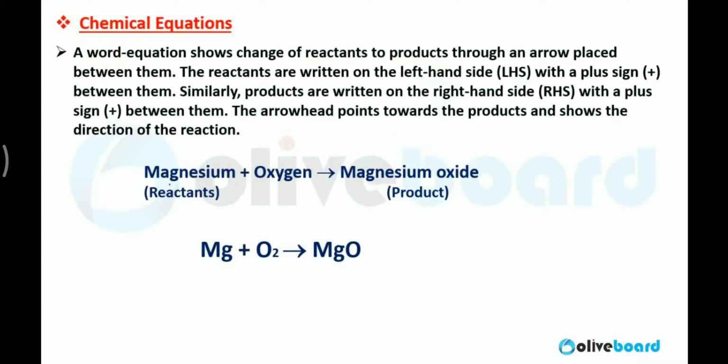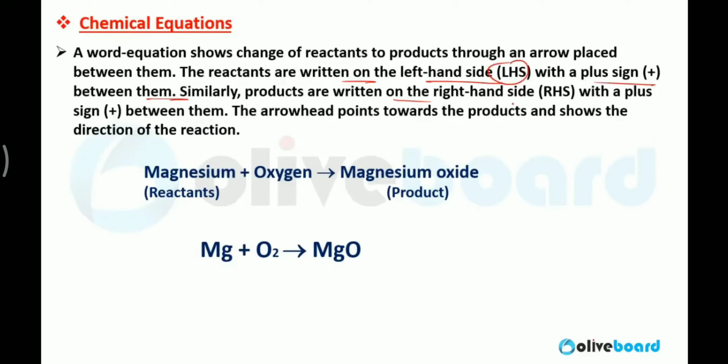So we are talking about this equation, which shows change of reactants to products. What are the reactants? Magnesium plus oxygen, these are the reactants. And this equation shows the change of these reactants into products, through an arrow placed between them. The reactants are written on the left hand side with a plus sign between them.